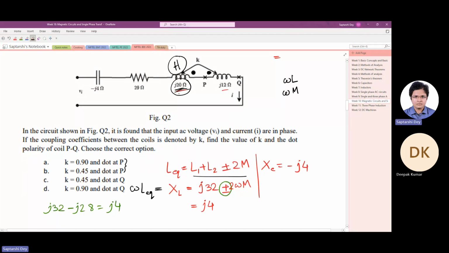Already in ohm means they have already considered the frequency here. L equivalent is equal to L1 plus L2 plus minus 2M, and you convert L into XL by saying XL equals omega L. In the question we have been given ohms, meaning they have already given us reactance.